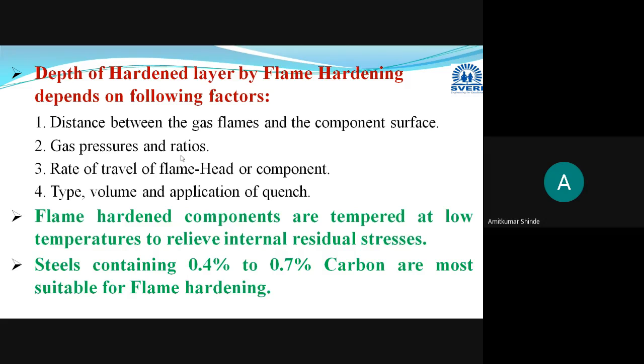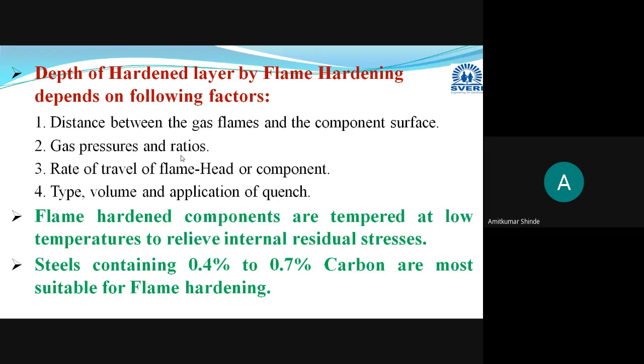Low temperature tempering, so that these internal stresses will get eliminated. It means you have to heat that component in a temperature zone of 150 to 200 degrees Celsius, or in general 100 to 200 degrees Celsius, hold it there for 1 to 2 hours, and after that do the cooling.